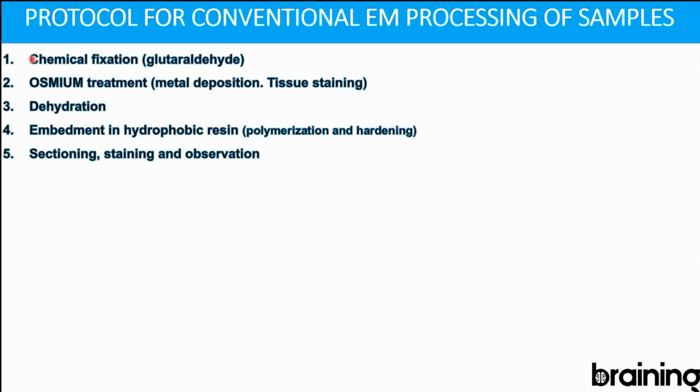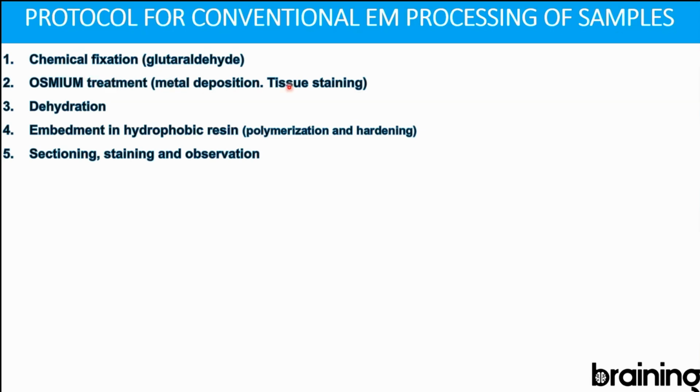So first of all, we need to do a chemical fixation, and it is crucial to use glutaraldehyde, which is the aldehyde properly developed for this kind of technique. And then we're going to have to use some of those metals that need to be deposited in the tissue, which is the osmium treatment. Don't worry, because we're going to go step by step through all these procedures, okay?